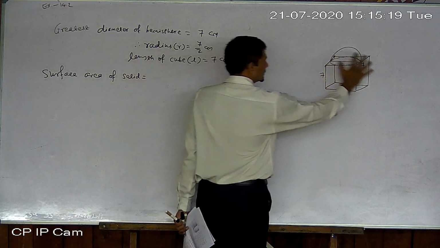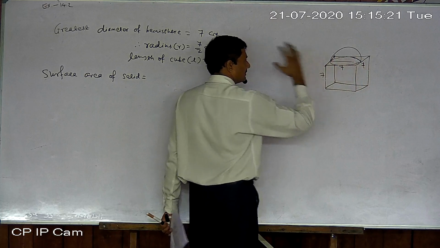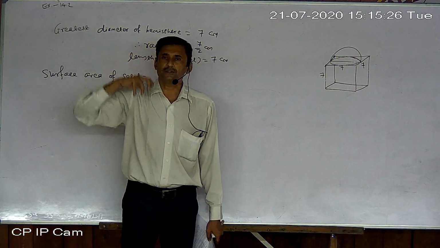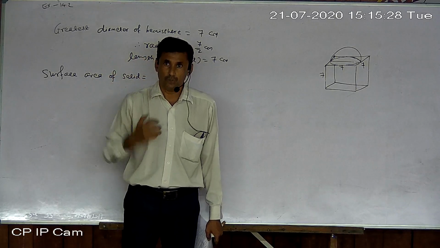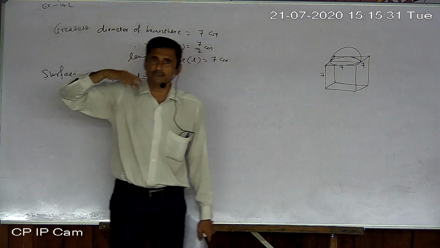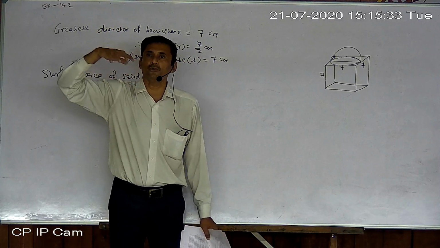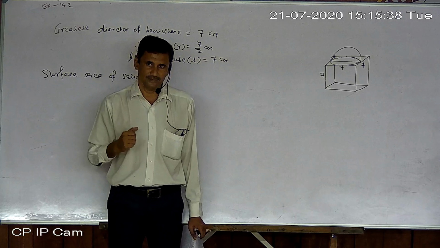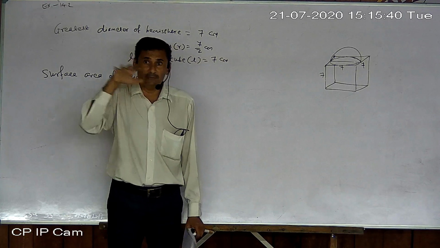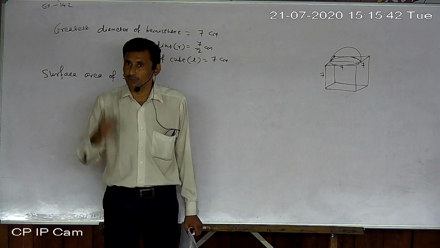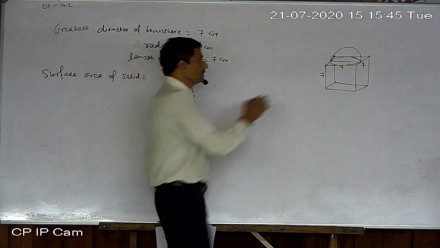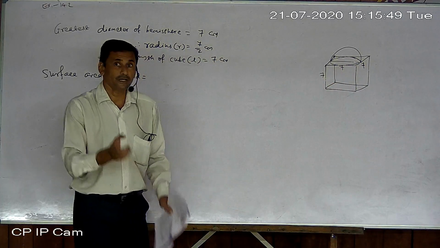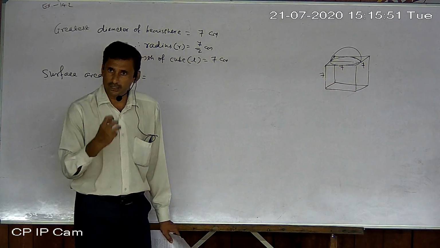If you want to find all the remaining surface, just visualize: suppose your room is of cubical shape, and on the terrace you want to establish one hemispherical dome. How much total area will there be? The hemisphere covers a circular region of the terrace, so this circular region is already covered and should not be considered in the calculation.